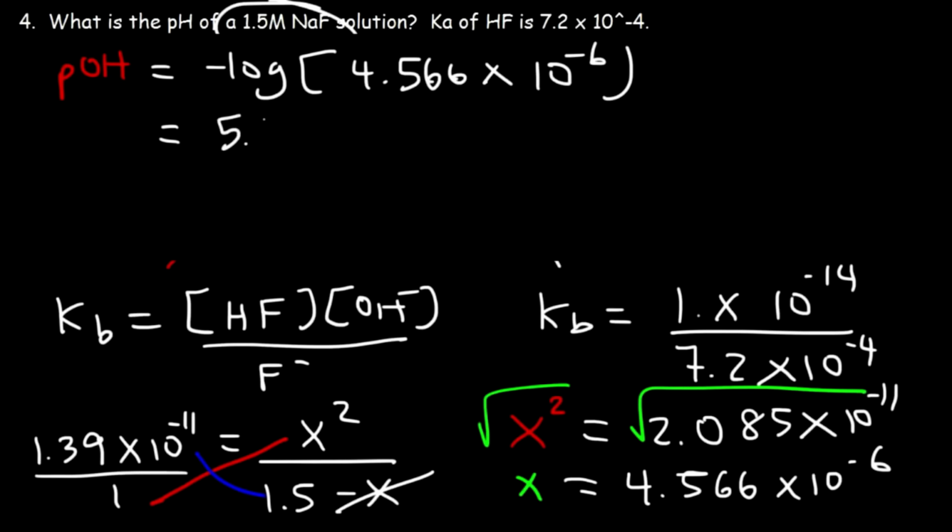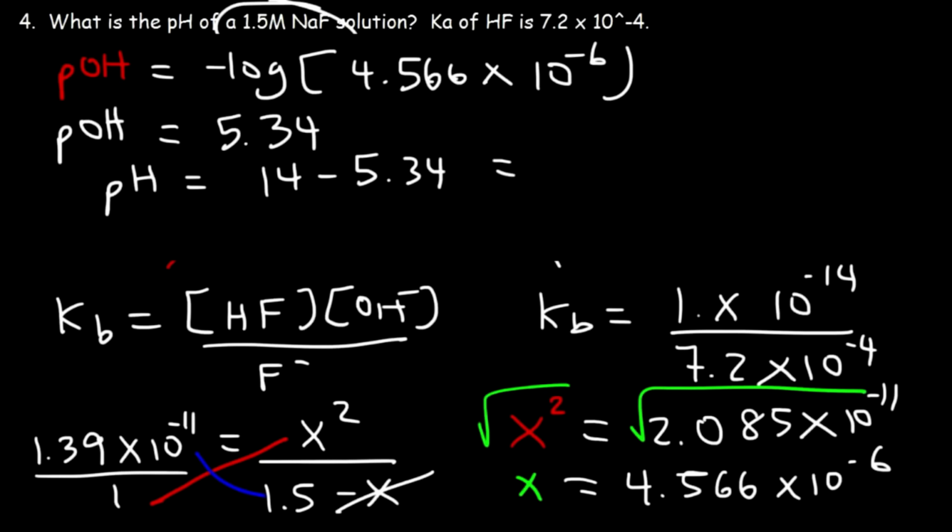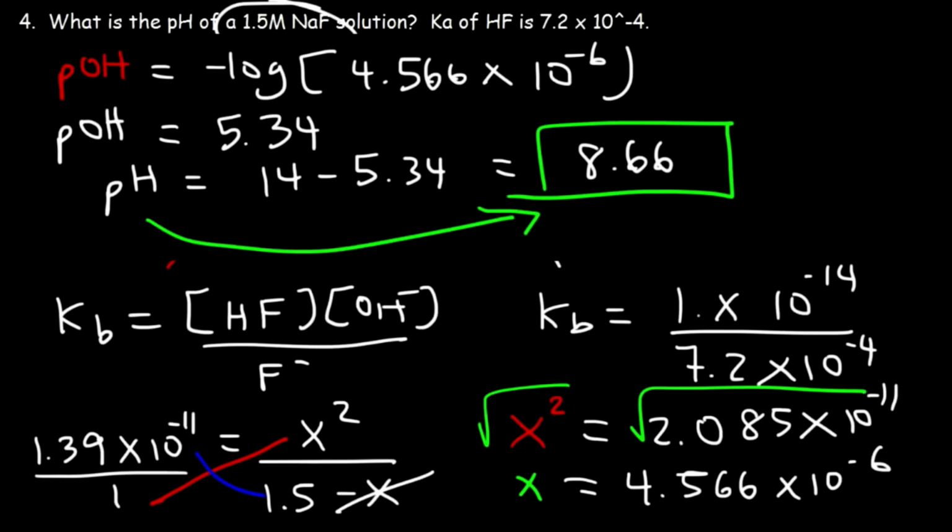So it's actually 5.34. Now that we have the pOH, we can calculate the pH, which is 14 minus the pOH. And it's going to be about 8.66. So that's the answer for this problem. Now you know how to calculate the pH of the solution if you're given a basic salt solution.